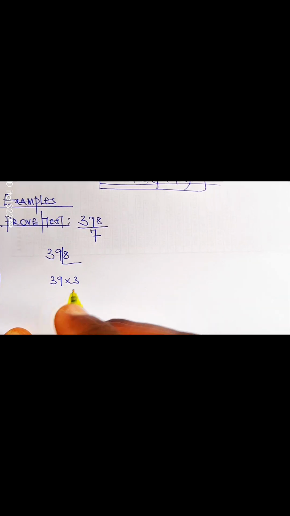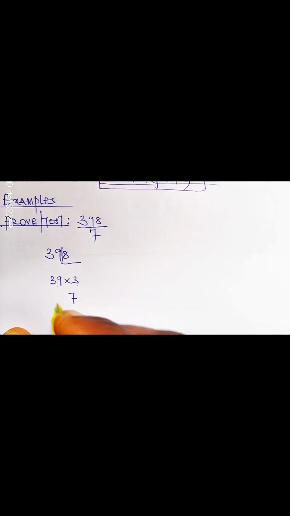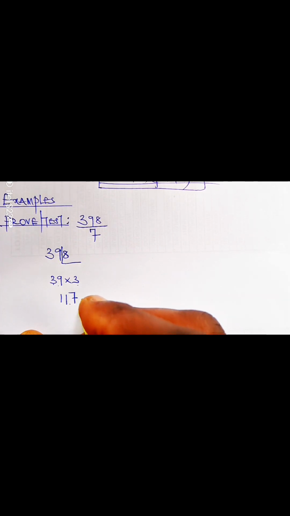Since it's 3 we are using to test, you write your 39 down, then you multiply it by 3. 3 times 39: 3 times 9 is 27, write your 7, keep your 2. 3 times 3 is 9, plus 2 is 11. So this is 117. Once you're done, the number you marked off, you add it to the 117. 117 plus 8 is 125.